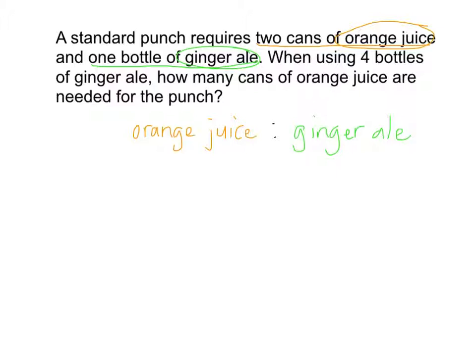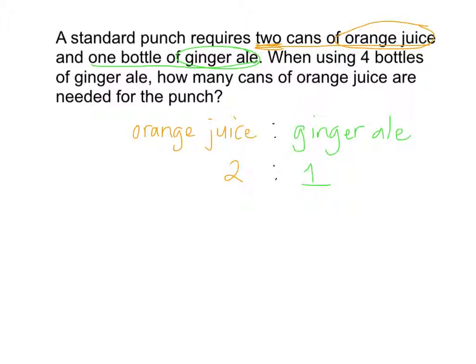Here's a two-term ratio that relates orange juice to ginger ale. But how many cans of orange juice do we need and how many bottles of ginger ale? Well, the question says that for every 2 cans of orange juice, we're going to use 1 bottle of ginger ale to make our punch. So we have a 2-to-1 ratio. What is the question asking us to find?